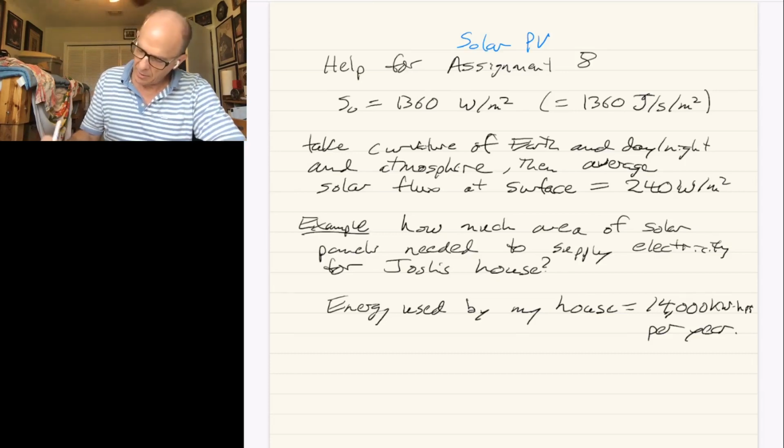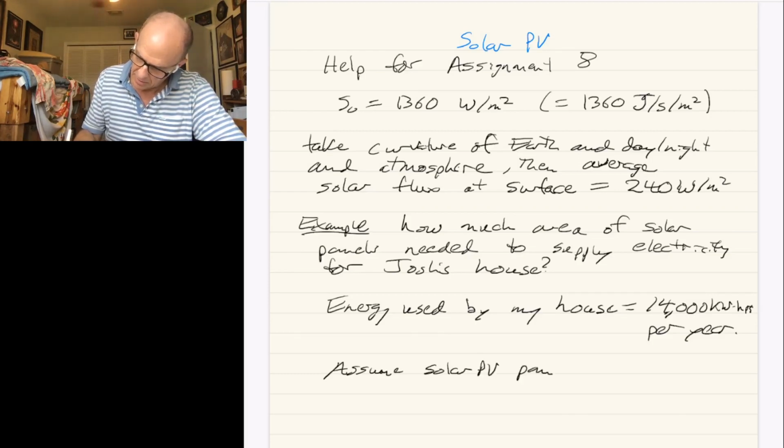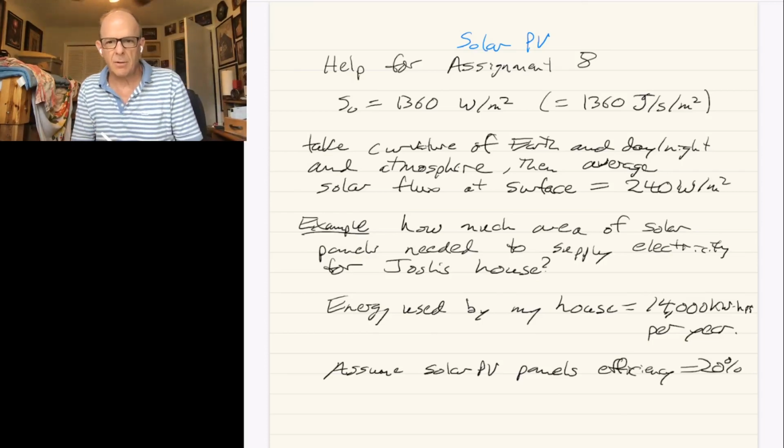And the other piece of information we need to know is the efficiency of the solar panels. So let's assume solar PV panels have an efficiency of 20%, which is very close to what the efficiency of the panels that are actually on my house are.